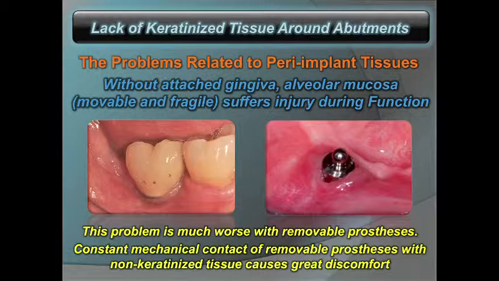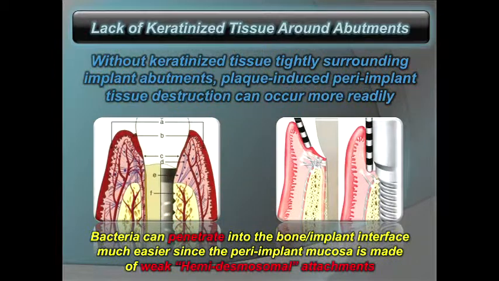So just remember that whenever you have an implant overdenture kind of attachment, make sure that you have a good level of keratinized tissue around your implant. For fixed cases, you need that less because it's not moving at all.